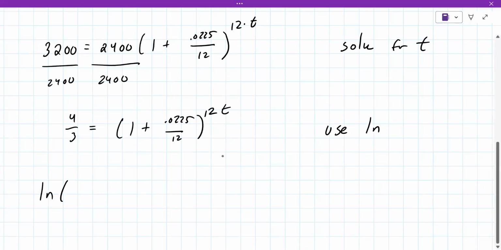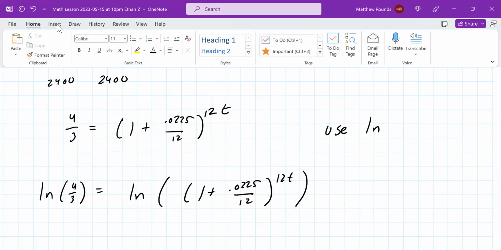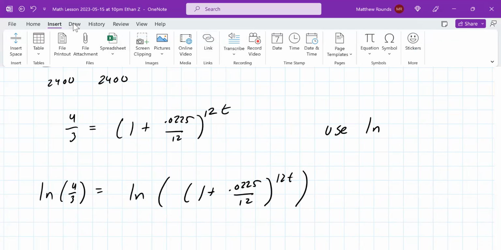So you take the natural log of both sides. Now, the natural log allows you to bring the exponent out in front. So this 12t actually comes out in front.